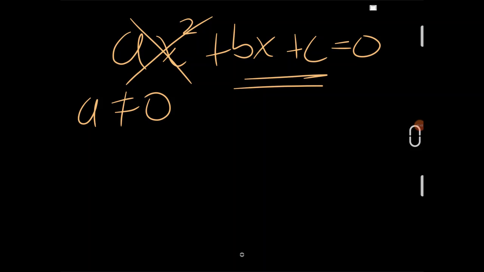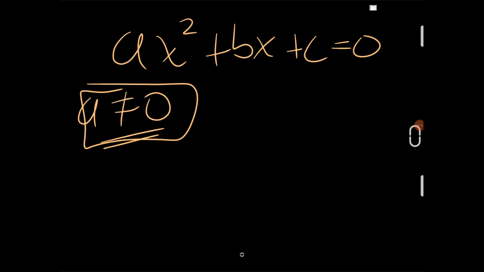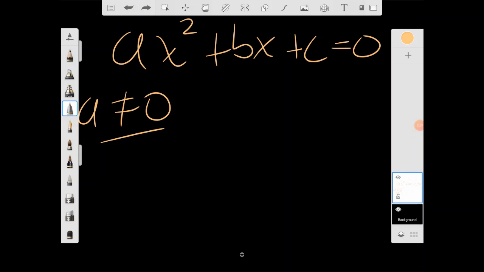It doesn't become a quadratic equation. A quadratic equation should always have x square. Many people forget this condition, even I forget it sometimes, but it is a very important condition to say that it is quadratic.